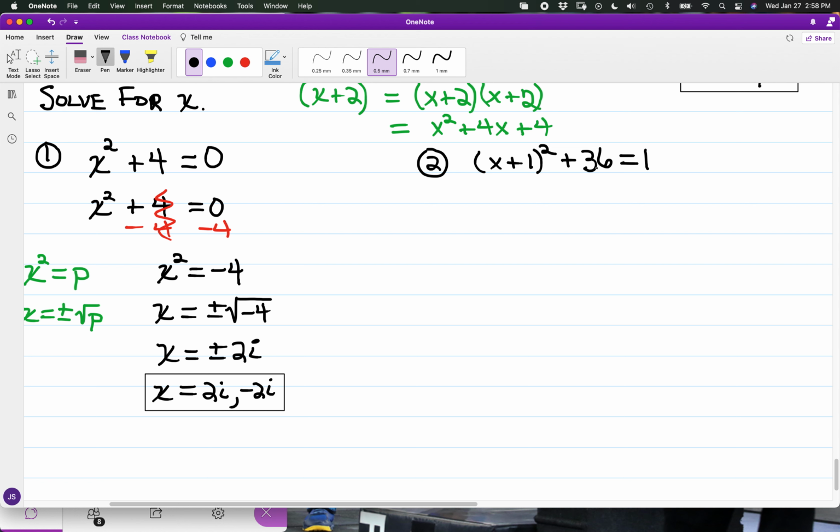is equal to 1. Okay, so I have the square of x plus 1, and just like I moved the 4 over, I'm going to move the 36 over and isolate the variable expression.